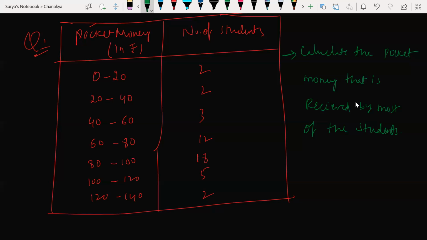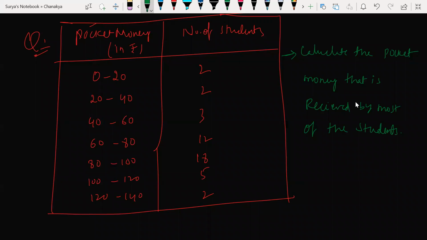Ashish, you understood how to find mode and median? How do you identify a median question? Now you have to find out the mode here.